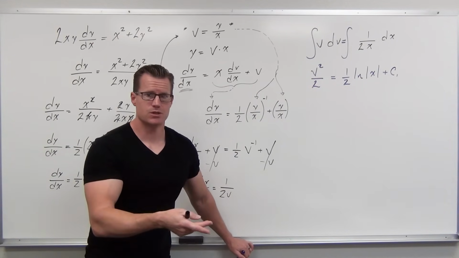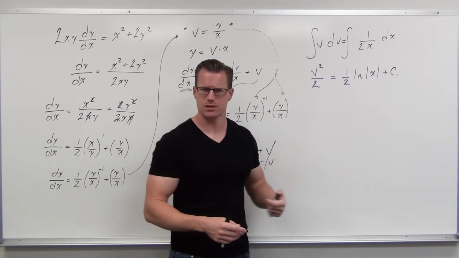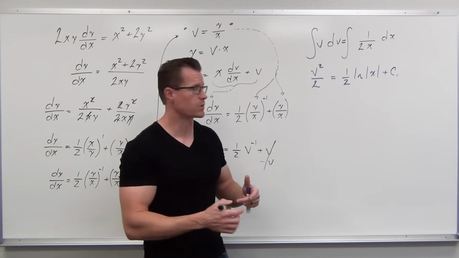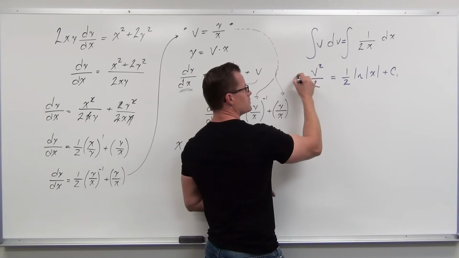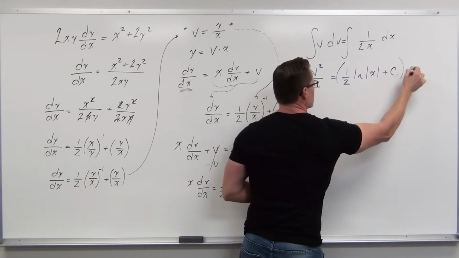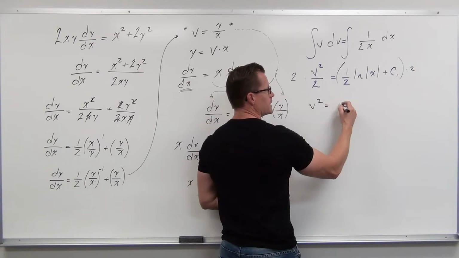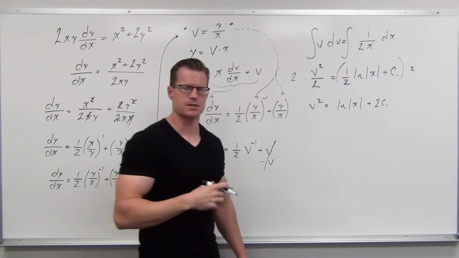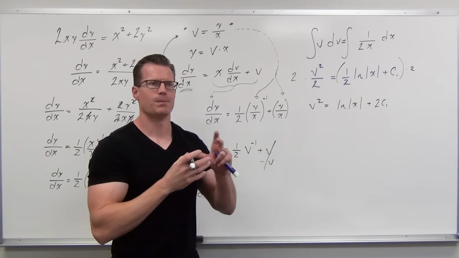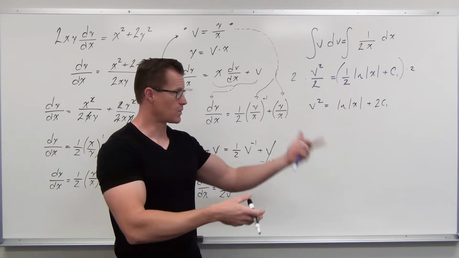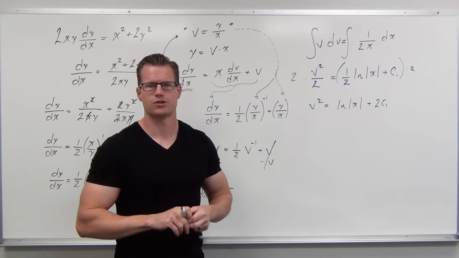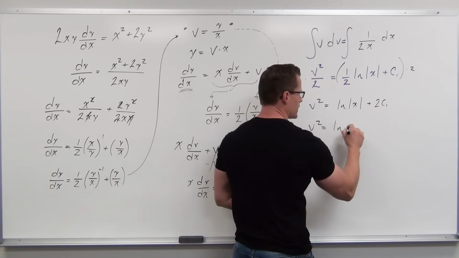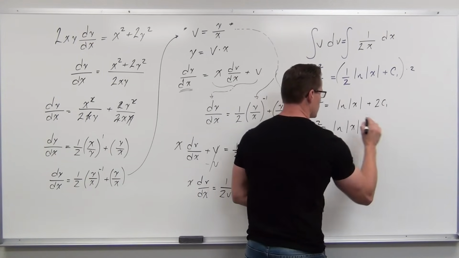So I'm going to multiply everything by 2 because I don't want to deal with a square root at all. So if I multiply both sides by 2, we get v squared equals ln absolute value of x plus 2c1. Do you remember talking about the constants, how when we have a factor that's a constant times c1, we can wrap that up into a larger, quote-unquote, arbitrary constant? We can do that a lot, and we can do that here. So v squared equals ln x plus c.